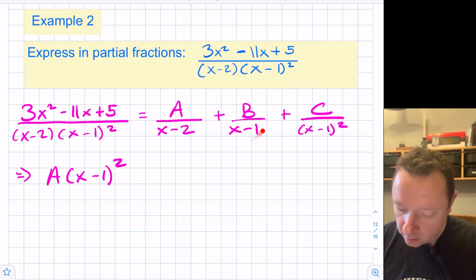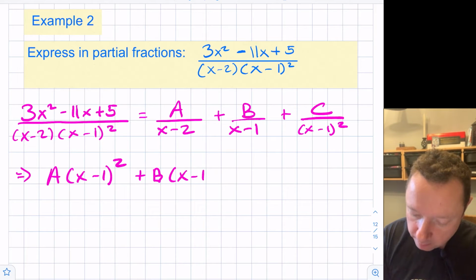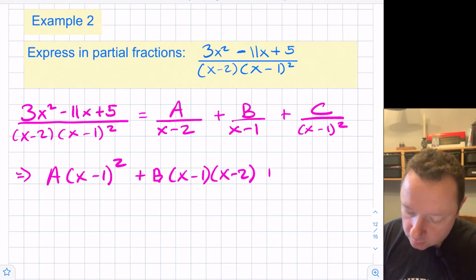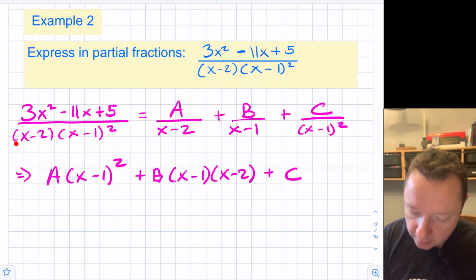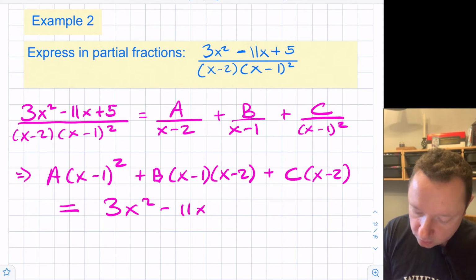This middle one only has to be times by x minus 1, so b times x minus 1, but also has to be times by x minus 2. And the last one, c, well, c's denominator is x minus 1 squared, so we also just need an x minus 2. So that is our top, and that equals, of course, 3x squared minus 11x plus 5.